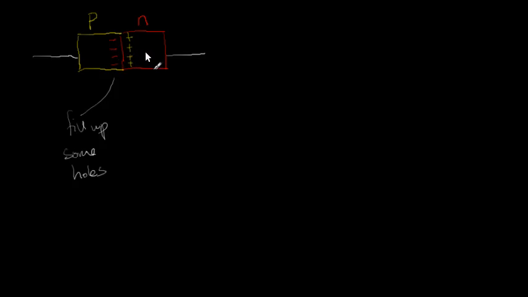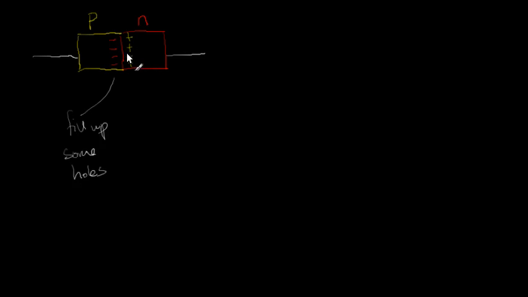We have this diffusion that tries to go to the left, and we have this electric force that tries to pull the electrons back. So at some point, the two forces would balance, and we would have a kind of equilibrium where there's a certain amount of negative charges here and positive charges here, and the amounts will not change after that.